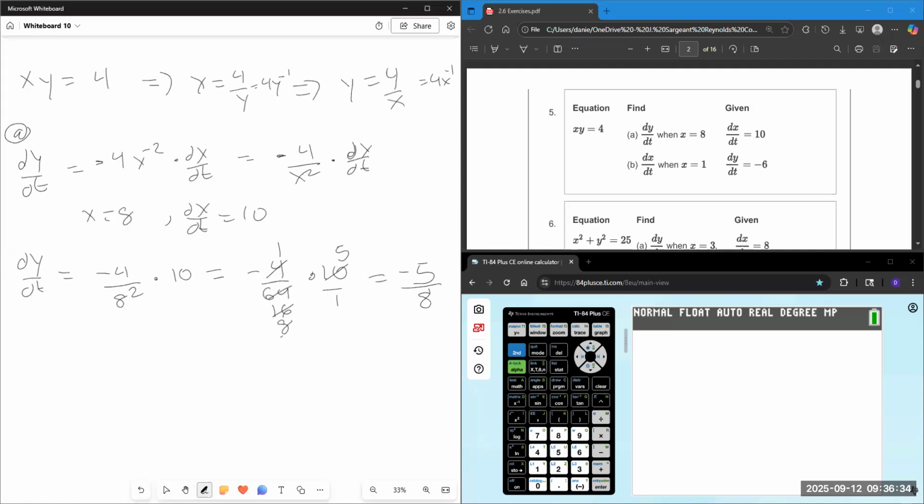For part B, I'm going to differentiate this middle piece here. dx/dt is equal to -4y to the -2nd, so -4 over y squared times dy/dt.